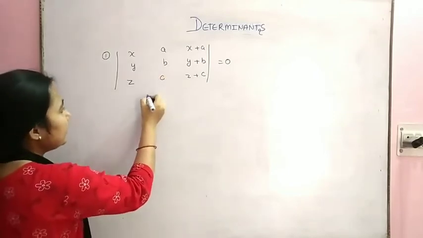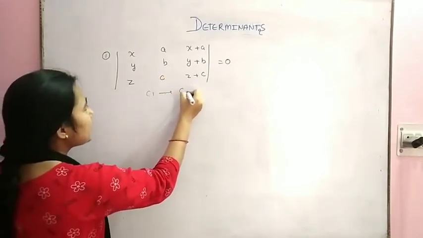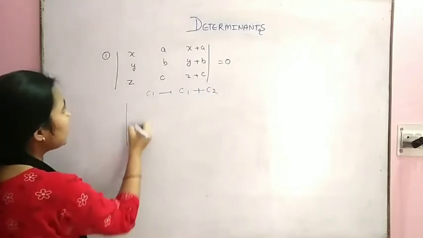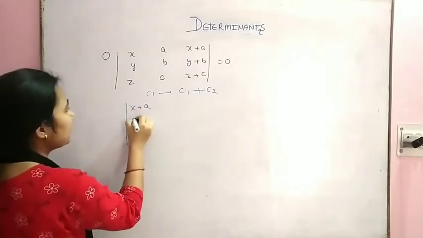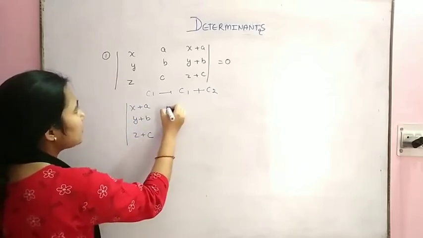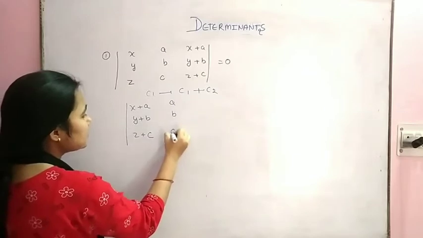So here if we apply C1 tends to C1 plus C2, what do we get? X plus A, Y plus B and Z plus C, and the remaining are the same.